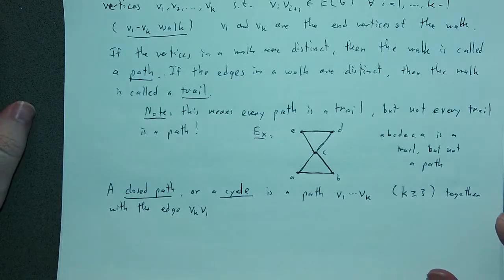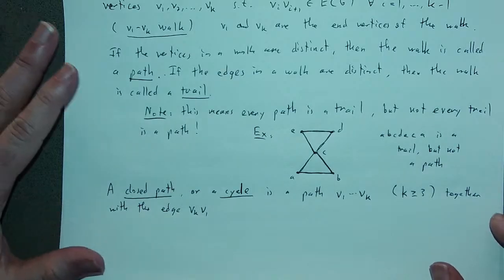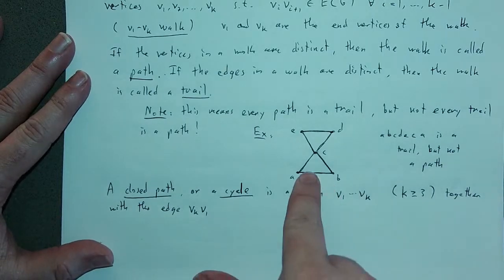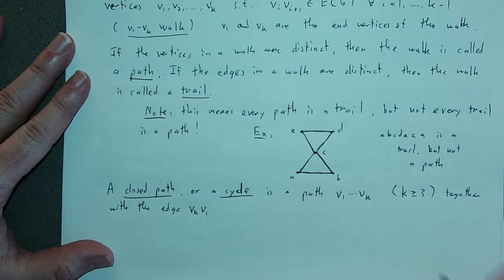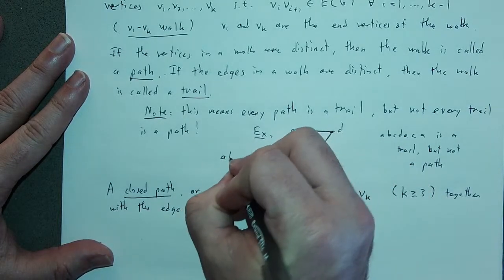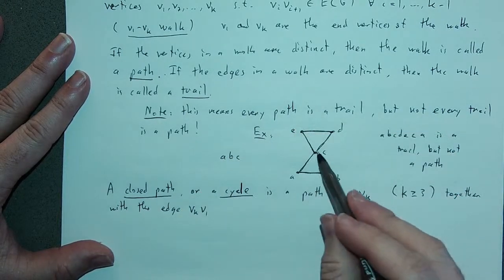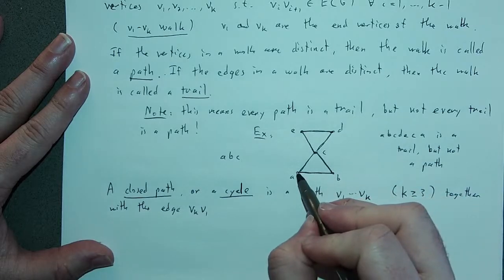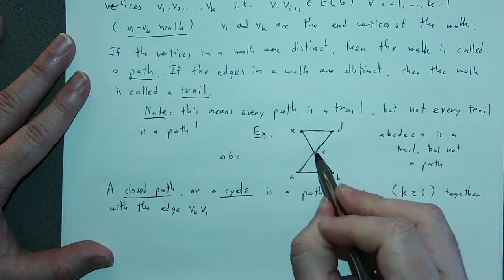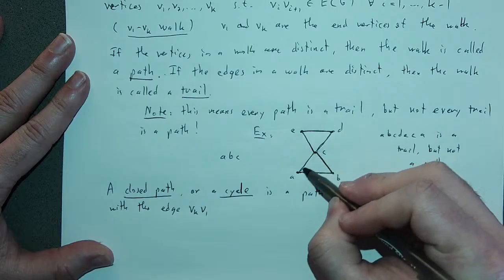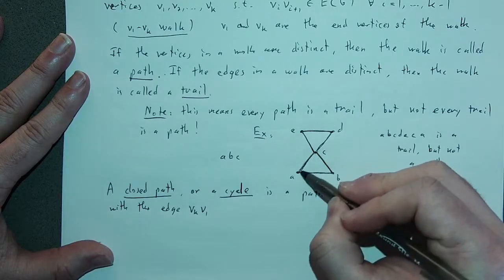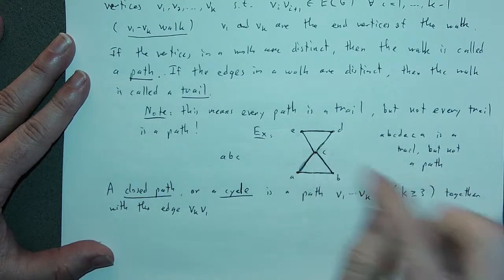So, for instance, an example of a cycle in this graph would be ABC. So I have ABC taken together with the edge CA. This is a cycle.